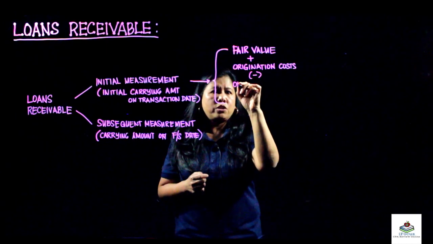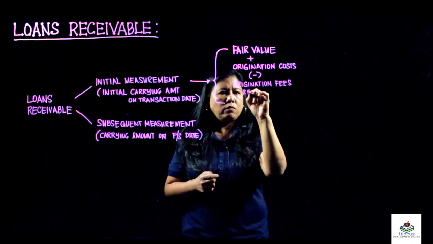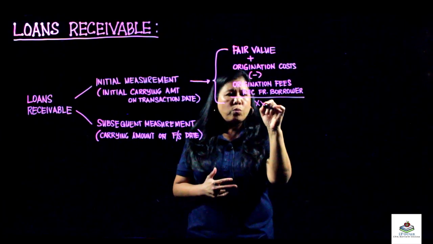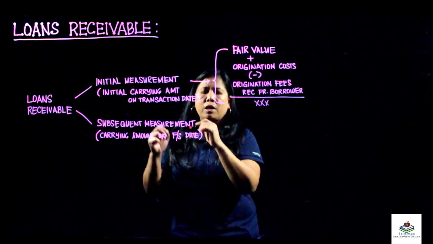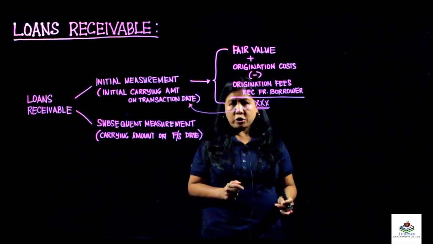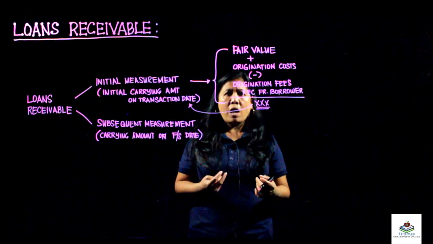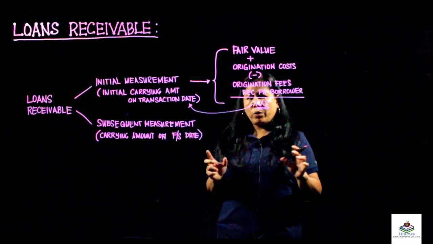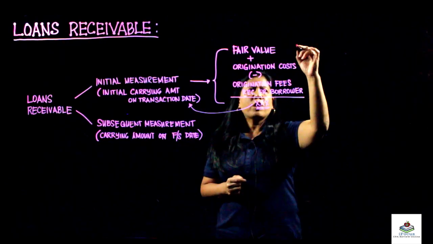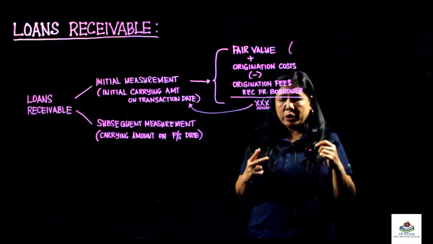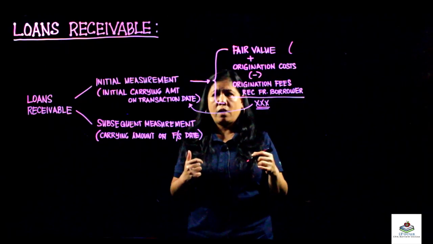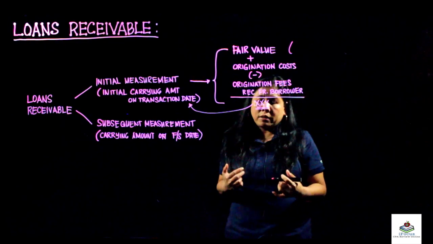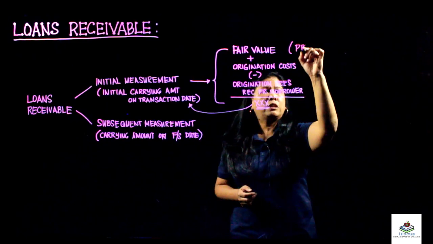Then this amount is what we call the initial carrying amount on the transaction date. The fair value is actually the principal amount of the loans receivable. The principal amount is the amount granted to the borrower.